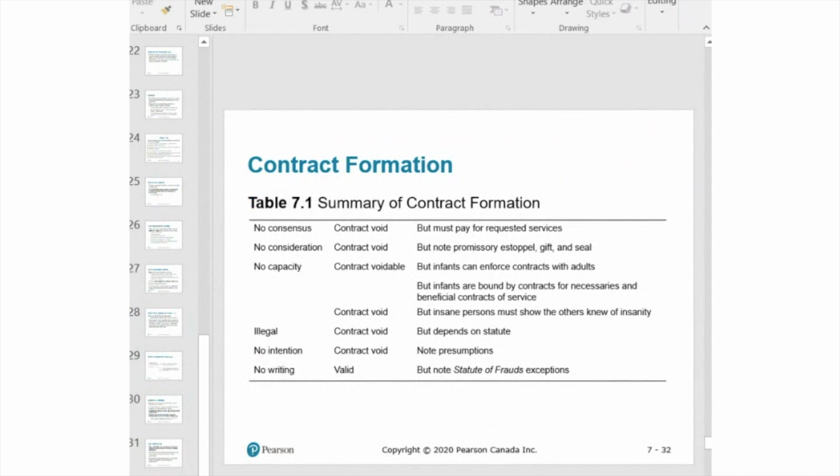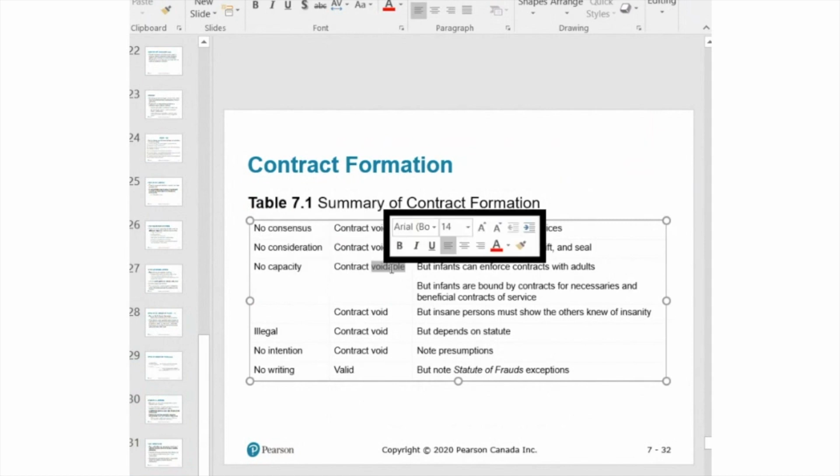So as I said, contract formation. Again, a contract requires 5 elements to be valid. Actually 4, mostly 4. Capacity, as I said, in most cases the contract is voidable, not void.